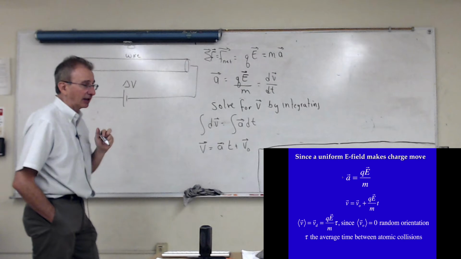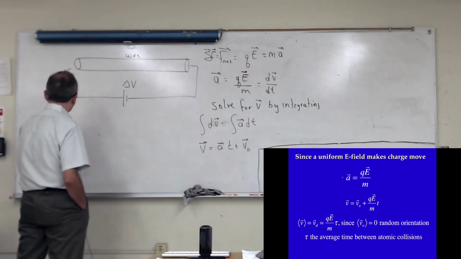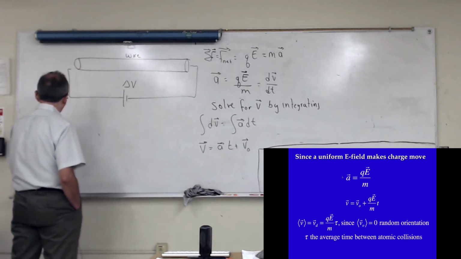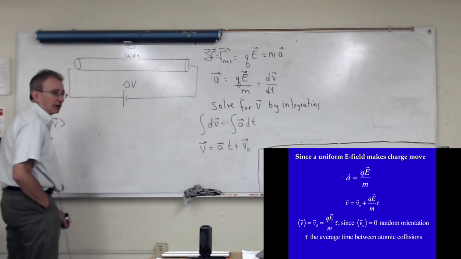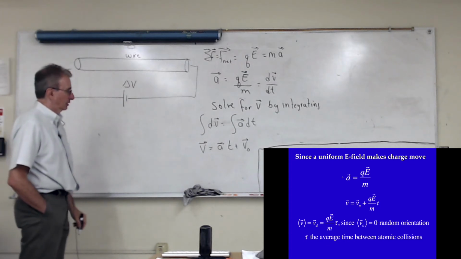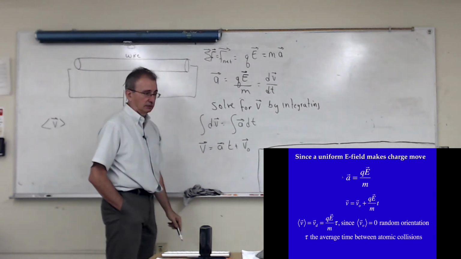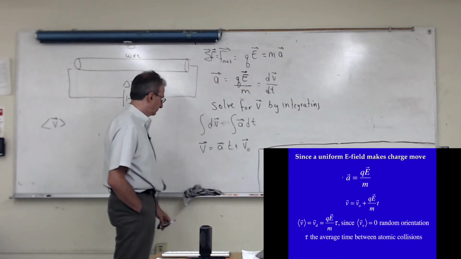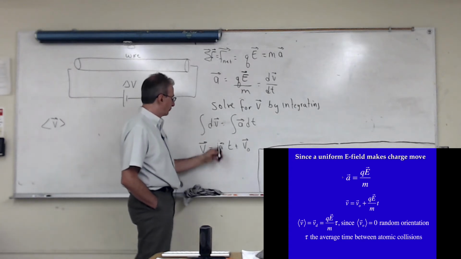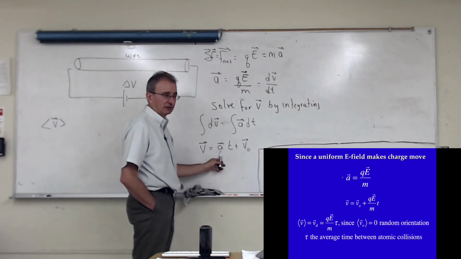I want to calculate the average velocity of all these electrons. I want to find the average of this for all the electrons in the wire. Well, if a is uniform, the average of a is a. Okay.